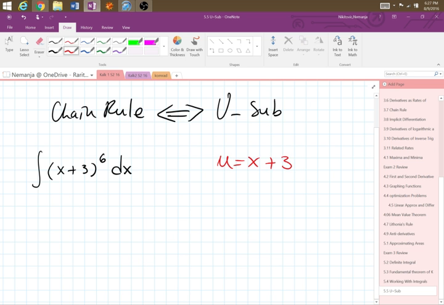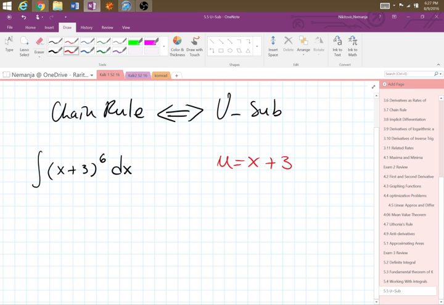Now the problem is that I have this dx to worry about, because there is x here and there is x there. If I change this thing to u, this cannot stay dx, because then I will have what we call dimension mismatch. We'll have the integral of u with respect to x, which doesn't work. So we also have to change that dx.